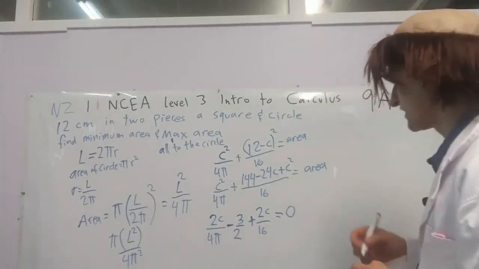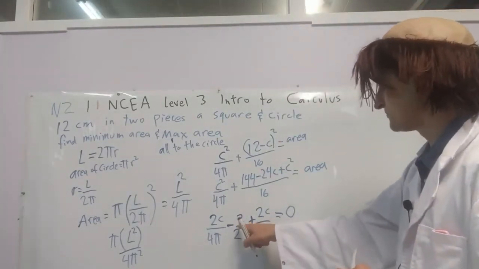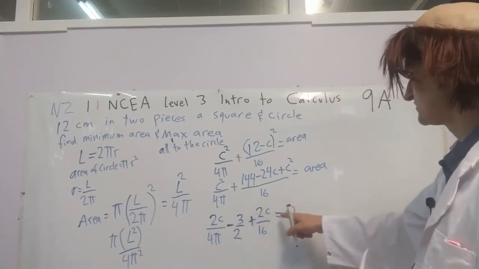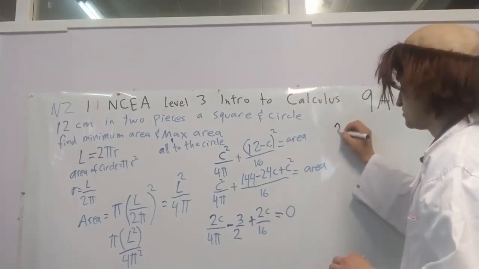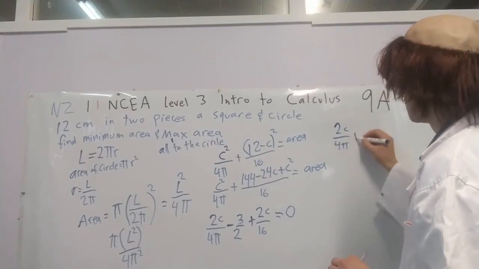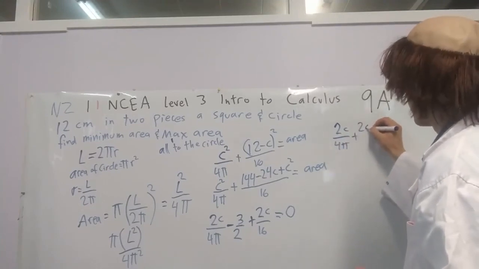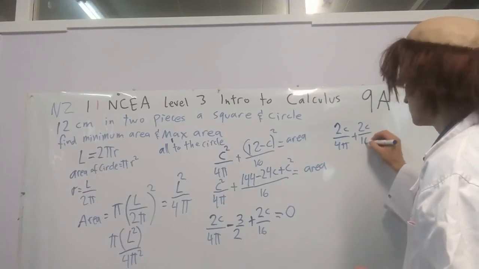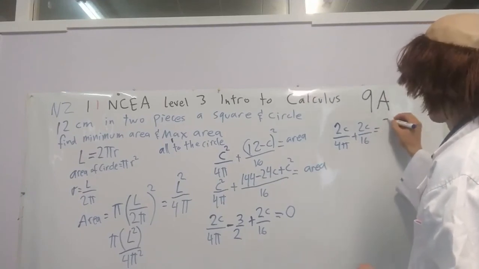Just a little bit of algebra. So what I'll do is I'll put this negative 3 over 2 onto the other side. So I'll get 2C over 4 pi plus 2C over 16 equals 3 over 2.